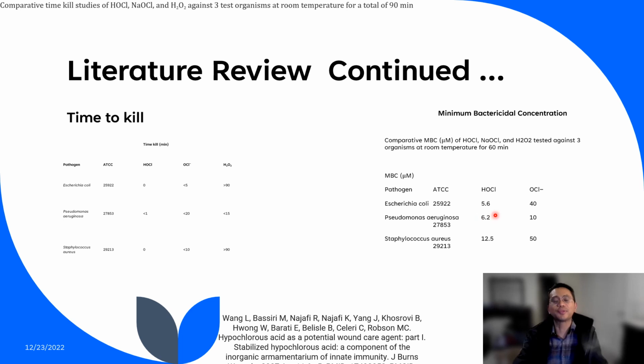The higher this number, the more likely the solution is cytotoxic. As depicted in this table, hypochlorous acid has a lower MBC compared to hypochlorite solution.